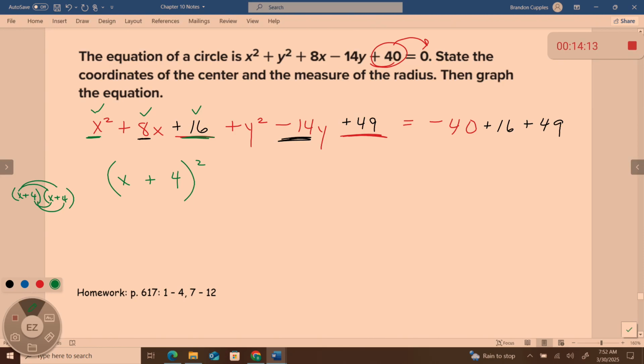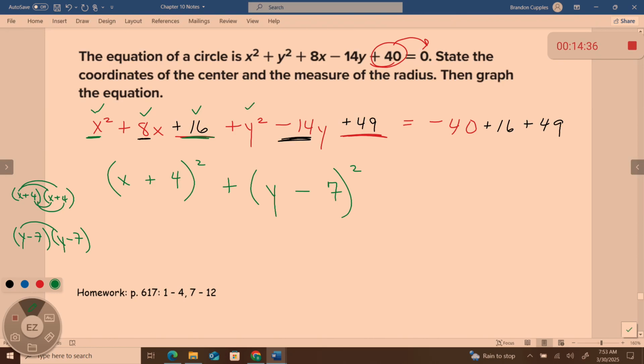If I do the same thing with the second set, the square root of y squared would be y, the square root of 49 would be 7. Now here's the deal. If the middle term is negative, it's going to make that negative right there. And again, I can always double check that by doing this. Y squared, check.